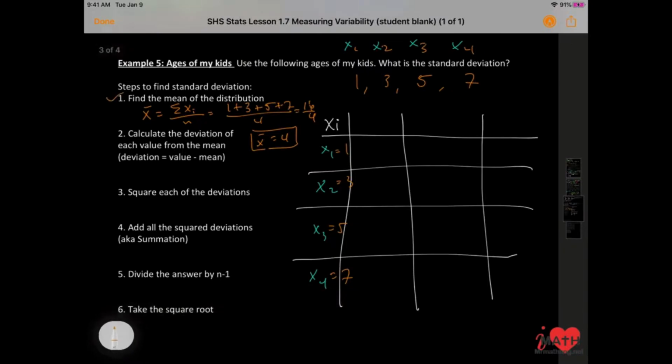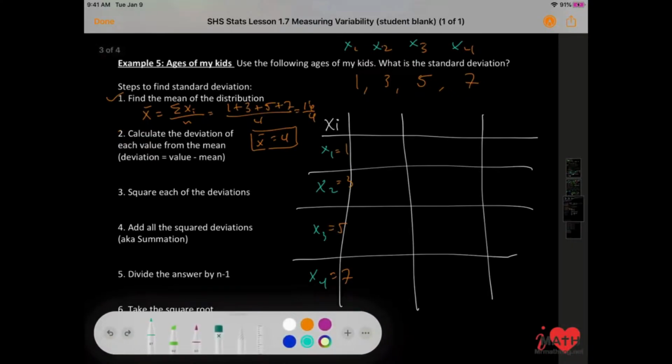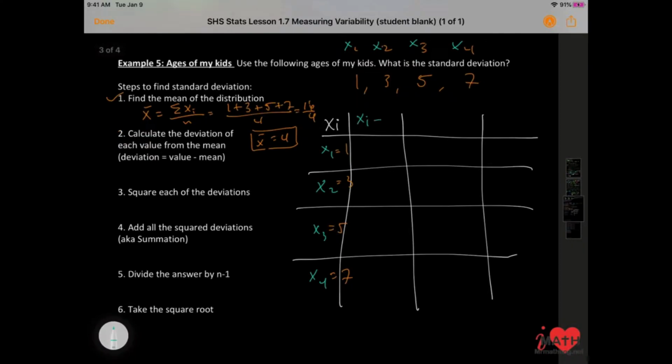What do you do next? Calculate the deviation. What's the deviation? It's the value minus the mean. So it's xi minus the mean.